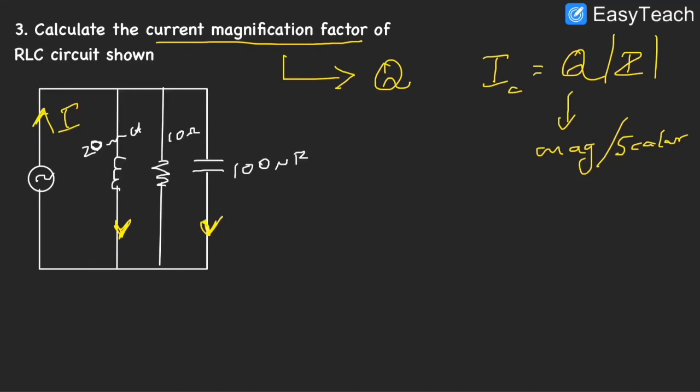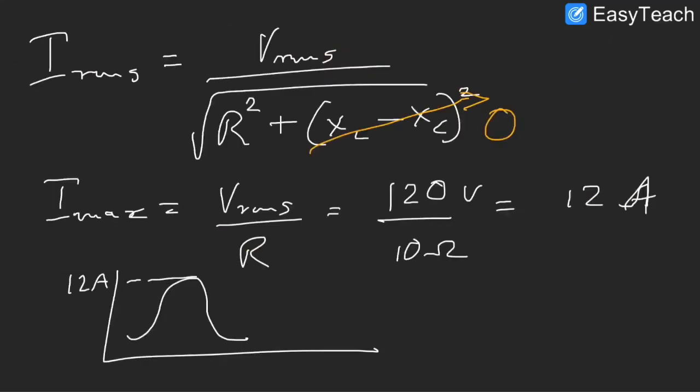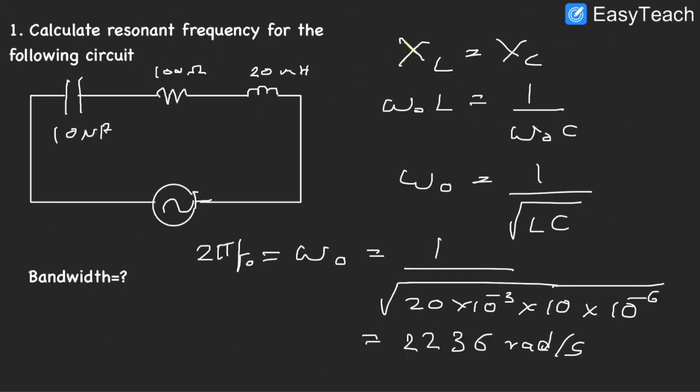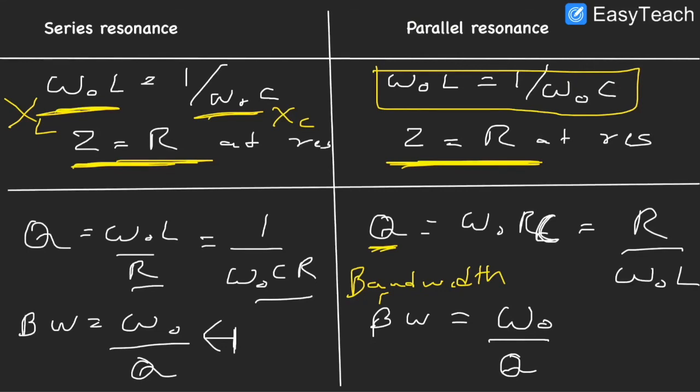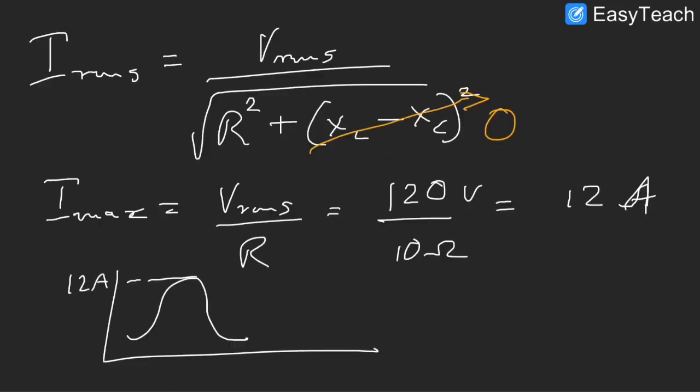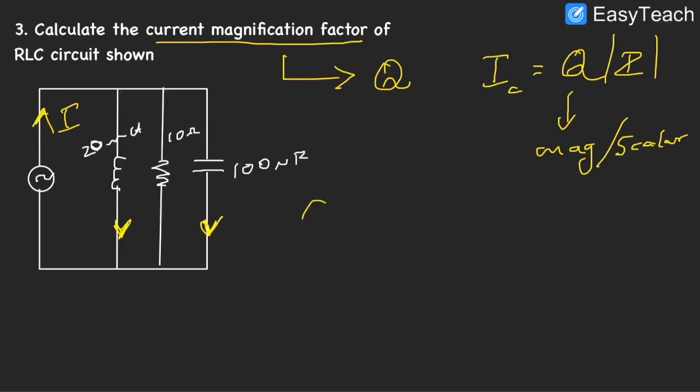Now let's go ahead and find Q for a parallel circuit. For a parallel circuit, the value of Q was omega naught RC or R by omega naught L. I'm going to use omega naught RC. Here I've hit a roadblock: what is my omega naught?